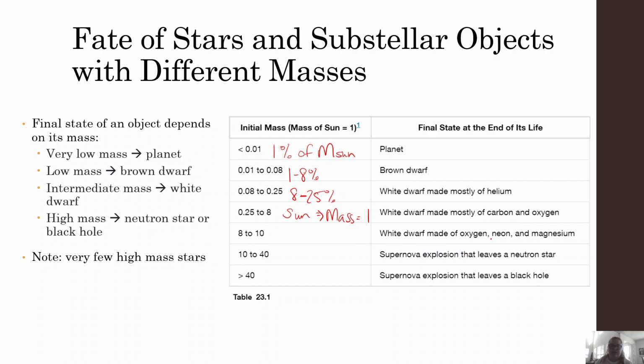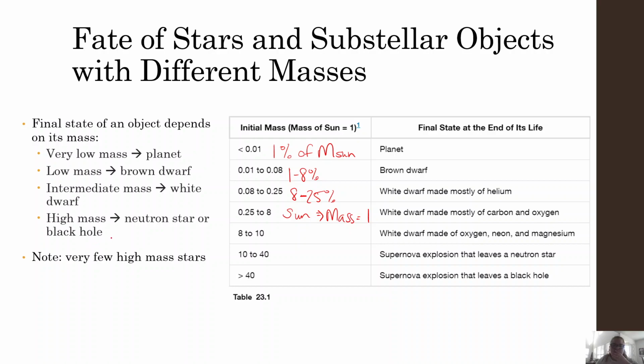A white dwarf made of oxygen, neon, and magnesium. Then if we have something that's 10 to 40 times the mass of the sun, we'll get a supernova explosion that leaves a neutron star. If it's greater than 40 times the mass of the sun, then we'll have a supernova explosion that leaves behind a black hole.